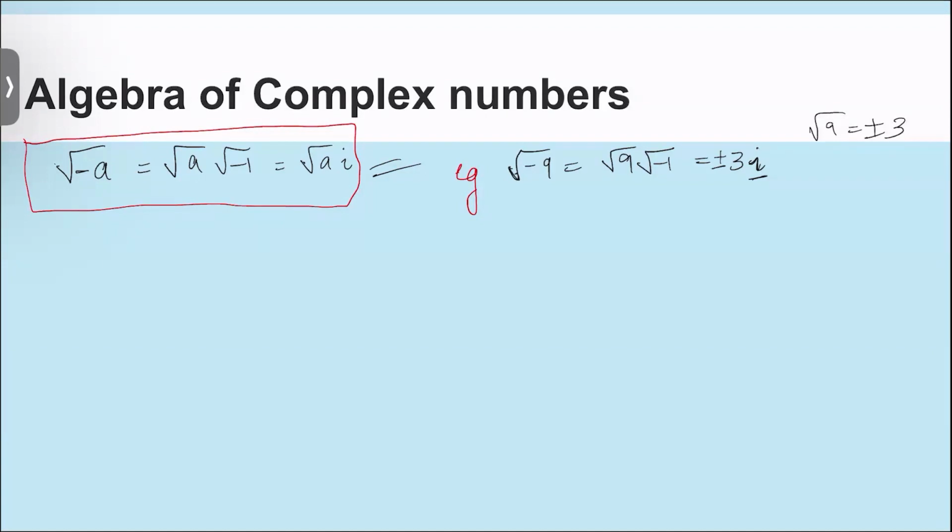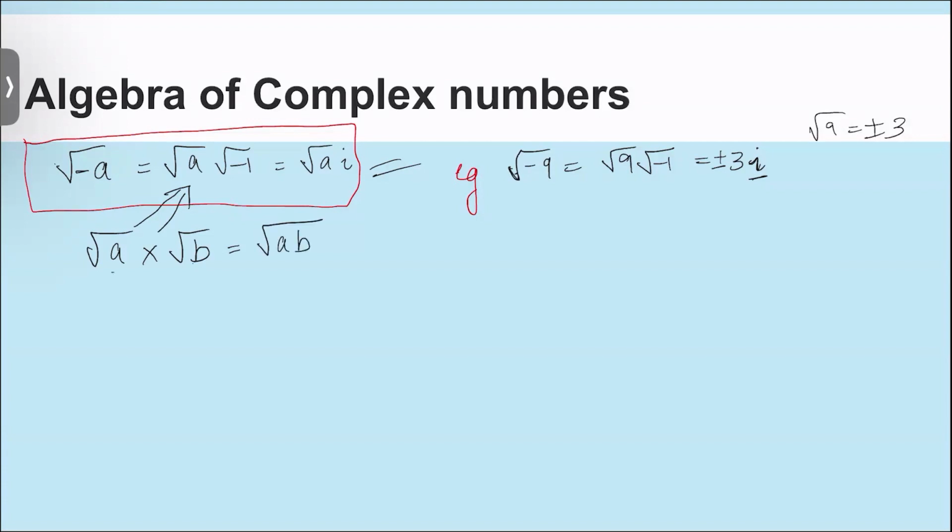Now let's see if you get two different real numbers, for example a and b. Over here you can correlate this with this form, so root a into root b would be equal to root of ab, where both the real numbers come under the square root.